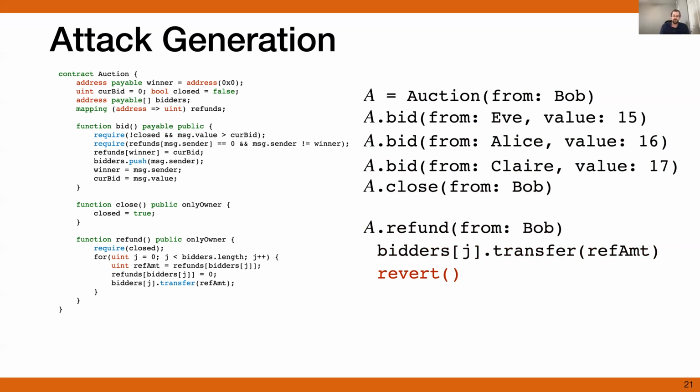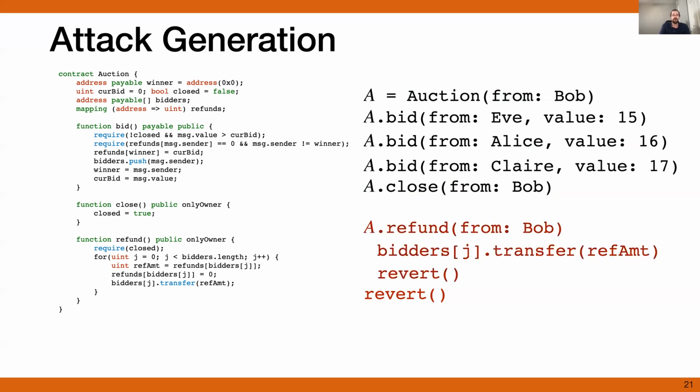The way that the Ethereum blockchain works is if a revert occurs, then it's going to revert all of the changes made during that transaction. So basically, it will be as if this refund call never happened. That ends up causing the entire transaction to revert, and therefore no one got their refund.